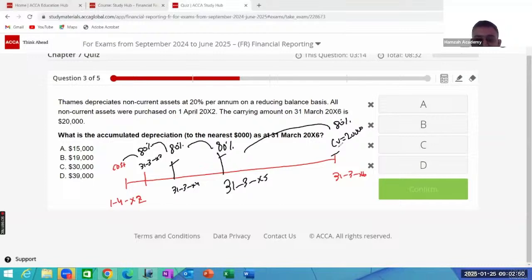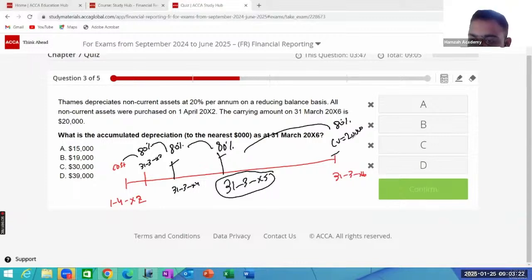Now the question is, what is the accumulated depreciation at 31st March X6? The carrying value of the asset is $20,000. Now, if you want to calculate the carrying value at 31st March X5, what will you do?